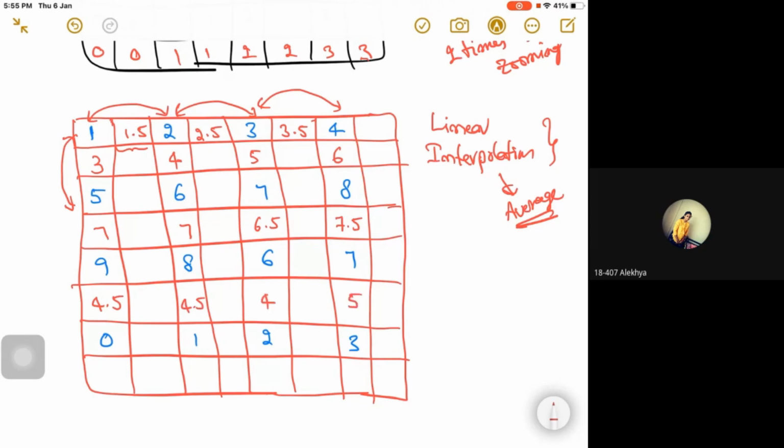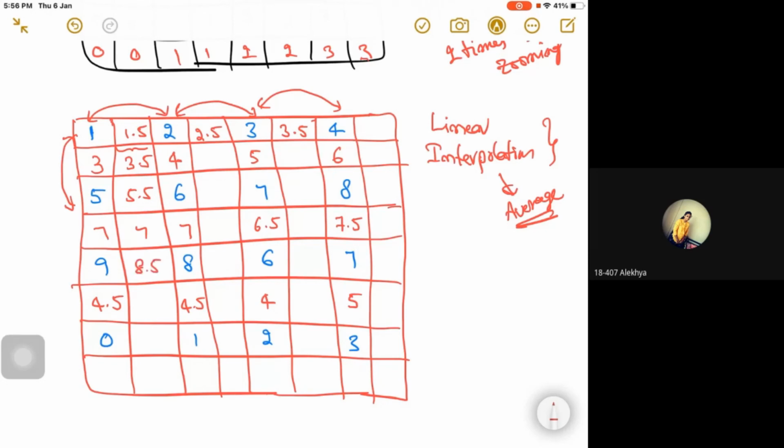Now again, coming to these two, 3 plus 4, 7, we will get 3.5 here. Here 5 plus 6 and by 2, 5.5. Here 7 plus 7, 14, we will get 7. And 9 plus 8, 17 by 2, we will get an average of 8.5.